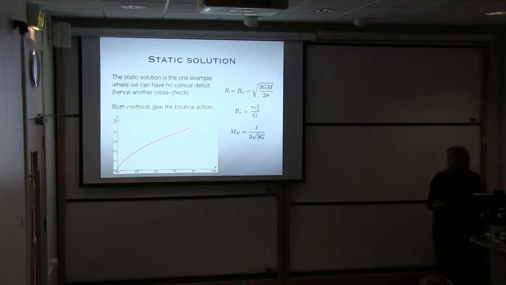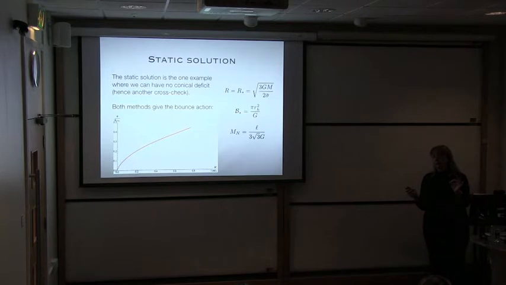And so this is an example where we have no conical deficit, so we can cross-check again. We kept getting obsessed with cross-checking that we were doing the right thing with the conical deficits. So here is another example where we're not forced to choose a periodicity, so we can tune it to make everything regular. And we find it's exactly the same whatever our periodicity is.